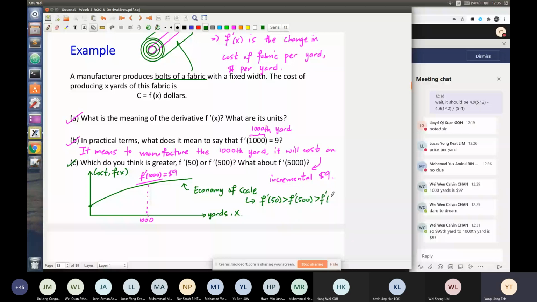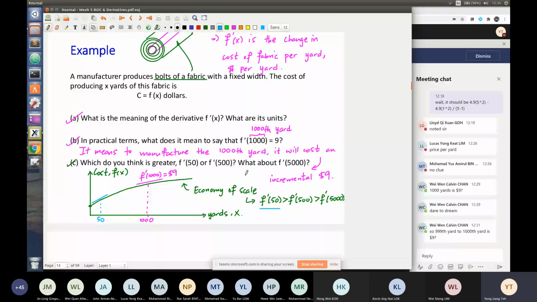So as you can see from here, f prime 50 will probably be a lot more expensive, and f prime 5,000 would definitely be a lot less expensive. Okay, is that all right?